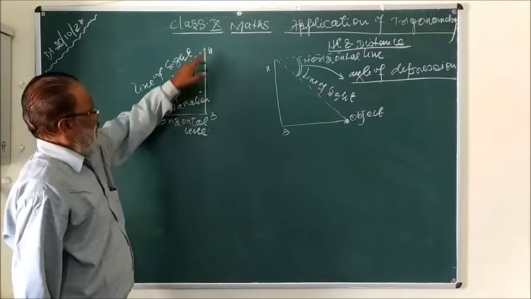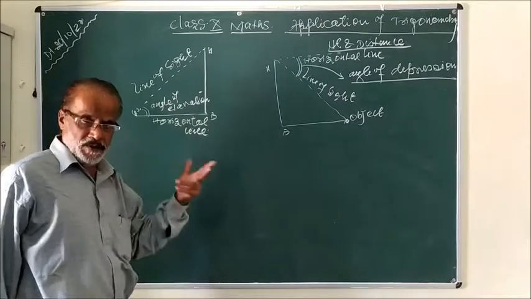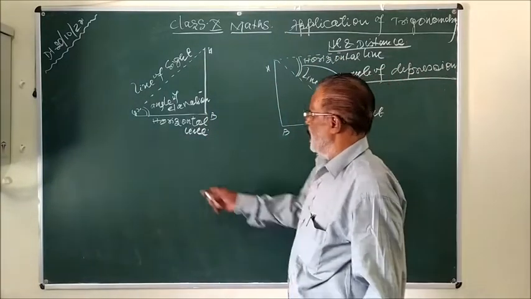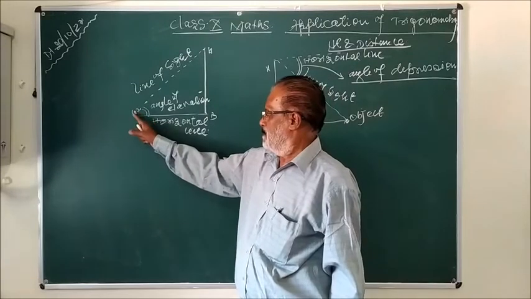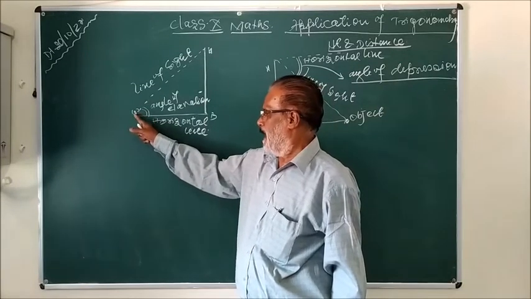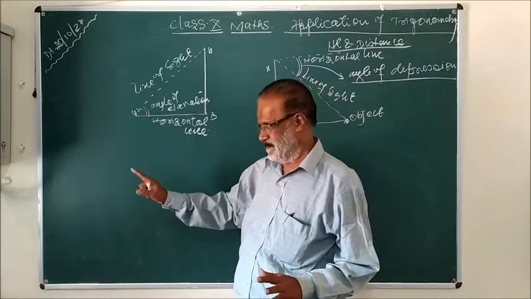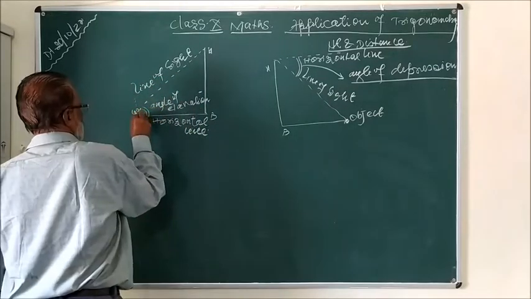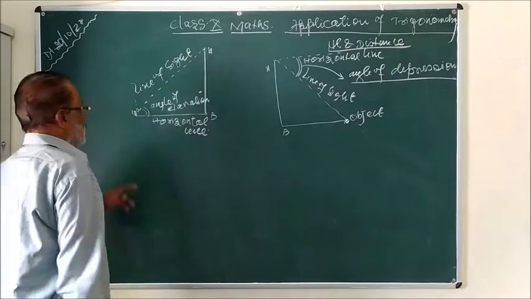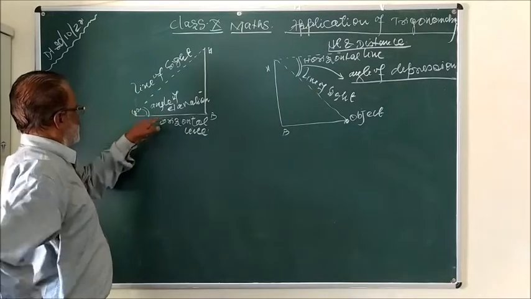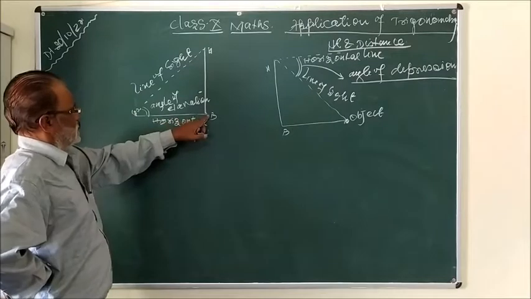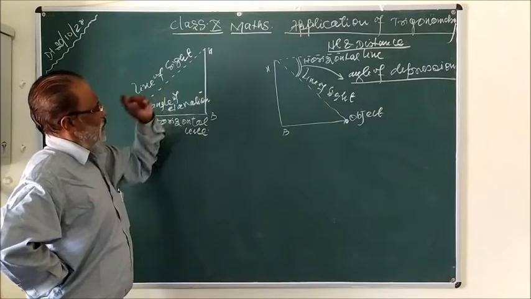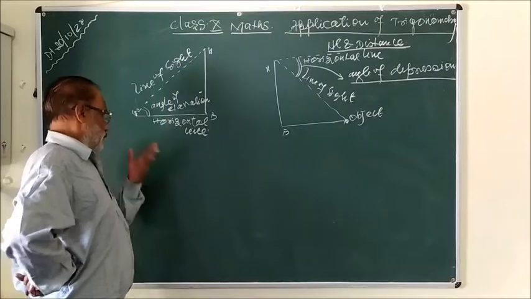I repeat, maybe a tower or tree or any tall building, suppose, and anybody is here. Now this is the observer's eyes, and if the height is given, in the question you will learn, but now you understand this is the observer, this is the foot of the building or tower, and this is the top of the tower or building.